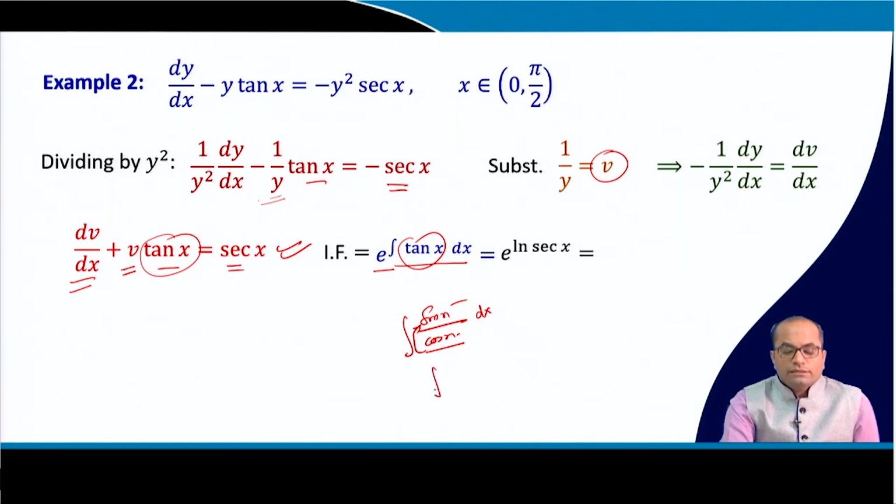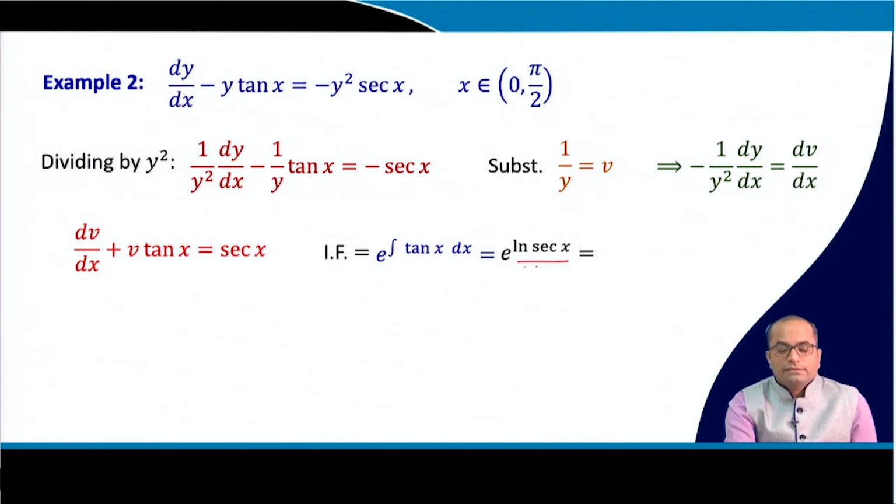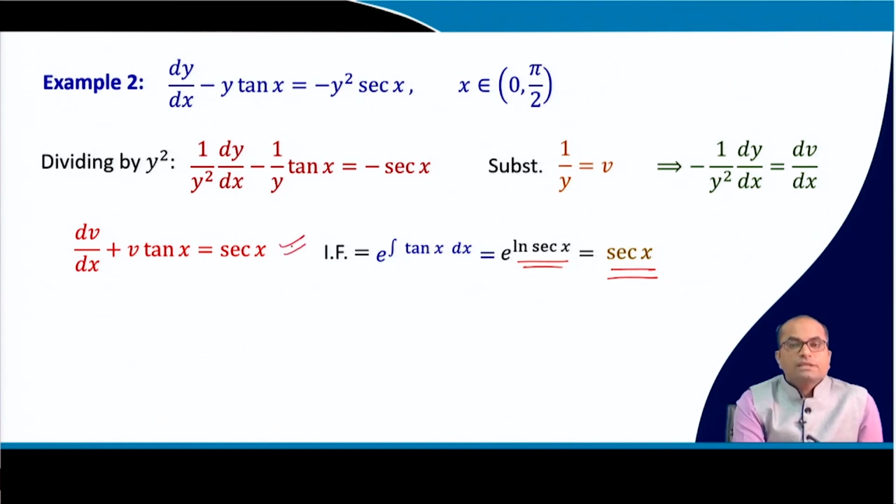So, then this integral will be minus ln cos x, which with minus sign here we can write down as ln sec x. So, here this sec x is the integrating factor for this equation, which is linear in v.